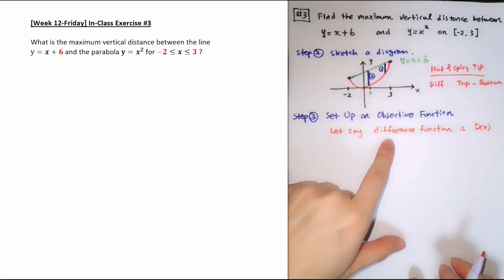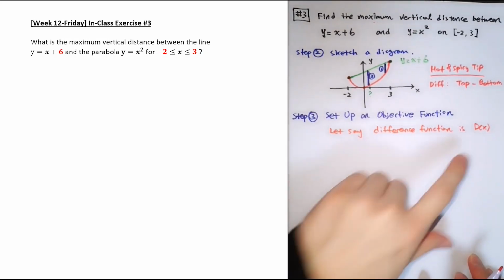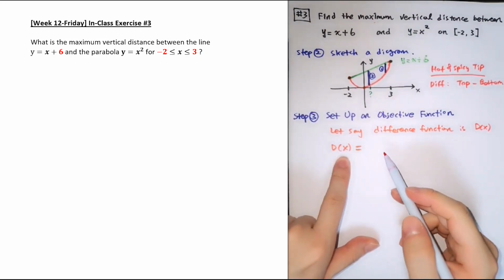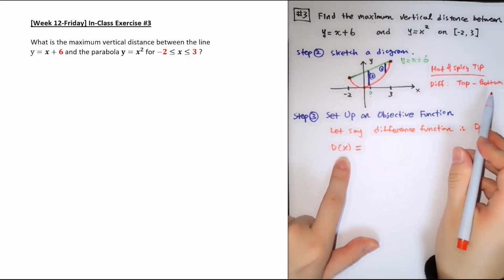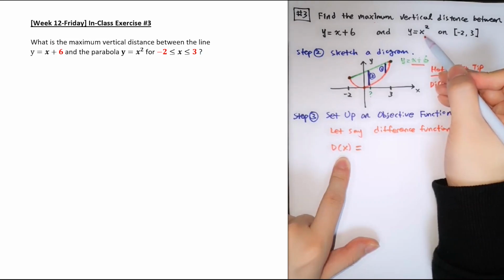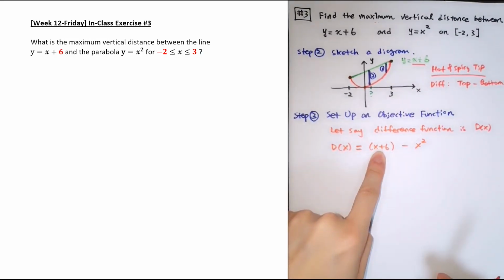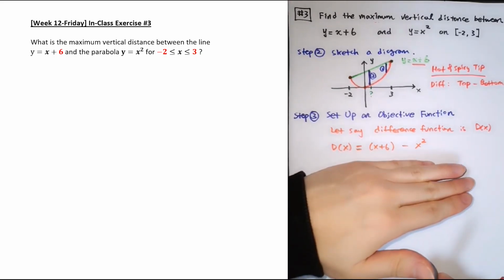Let's call the difference function capital D of x. Capital D of x is top minus bottom, which means x plus 6 take away x squared. Top minus bottom is the difference function now. We are done with step 3.